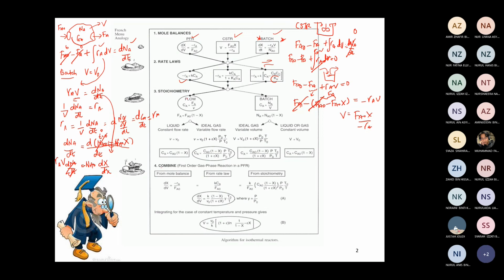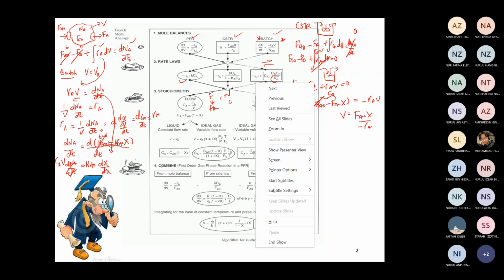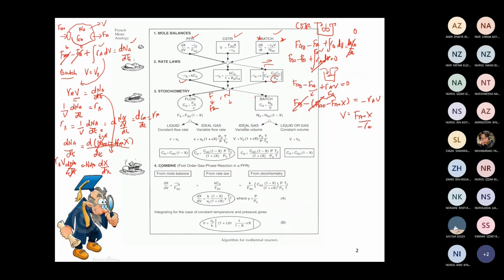Okay, so for the stoichiometry, remember we have it in terms of F and in terms of N. F is flow, N is the number of moles, which refers to the batch. In batch, we have ideal gas for variable volume, and liquid for constant volume. Constant volume means V is equal to V naught.